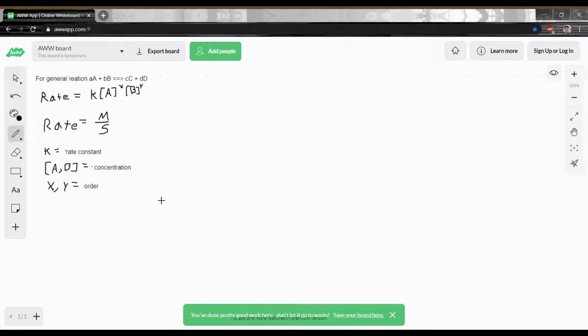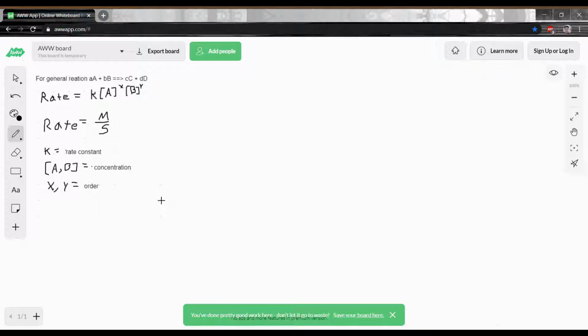The order is going to make more sense in a bit. We are going to do an example where we are given the order, given the concentration, and the rate, and asked to calculate the rate constant. So let's do that. That's example 15.1 on page 459 if you would like to follow along.